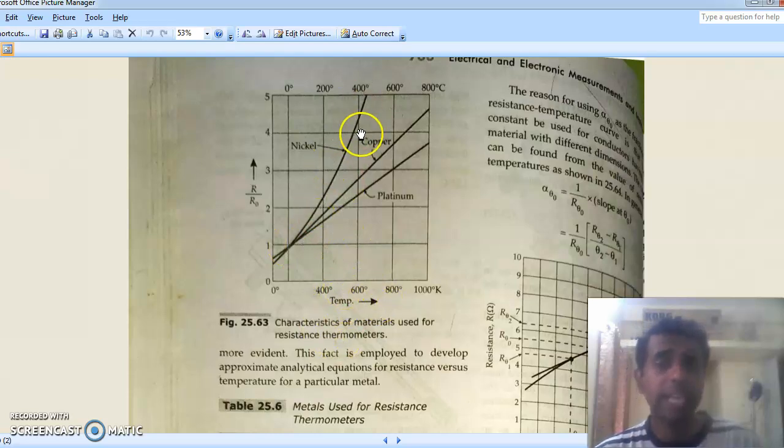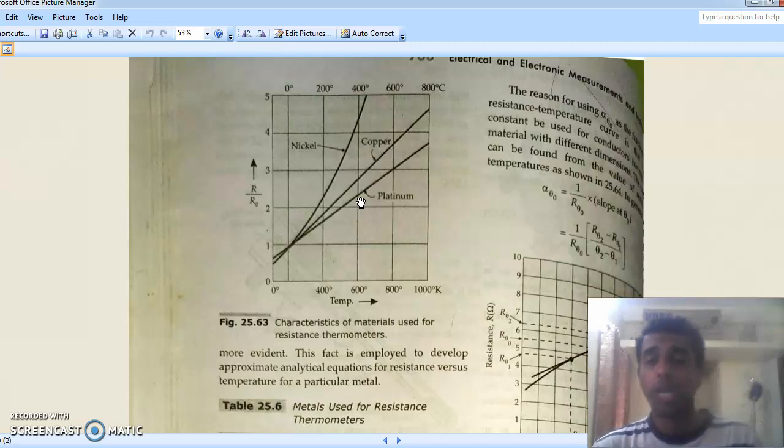You can say that at least for small ranges of temperature, it is approximately linear. So this is for nickel, this is for oxides of copper, this is for copper RTD, and this is for platinum. Platinum, you can see from the graph itself, is more or less linear for a wide range of temperature. That is another advantage of using platinum as RTD.